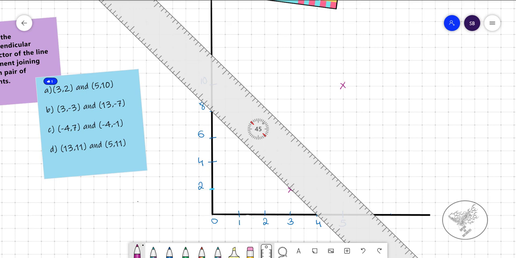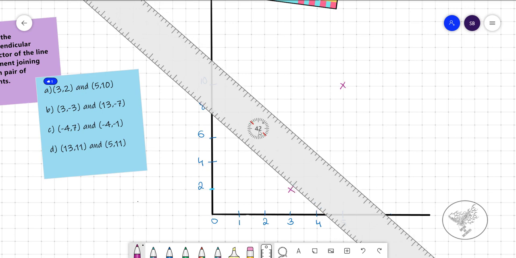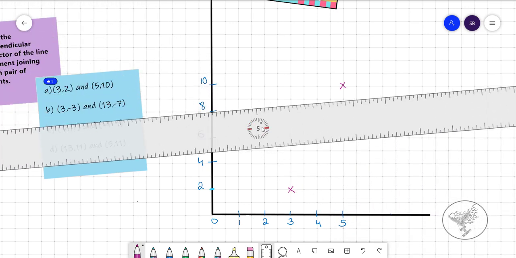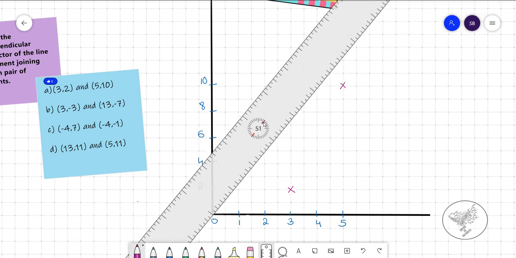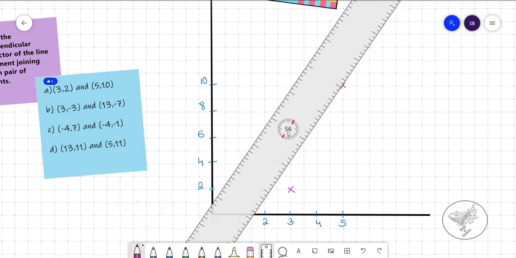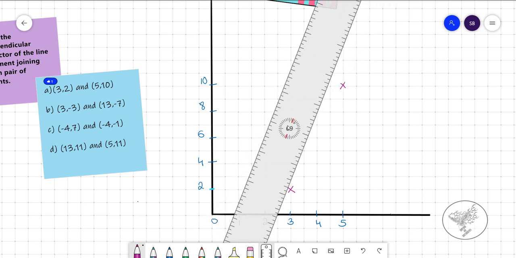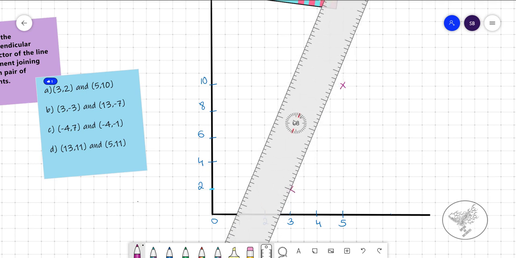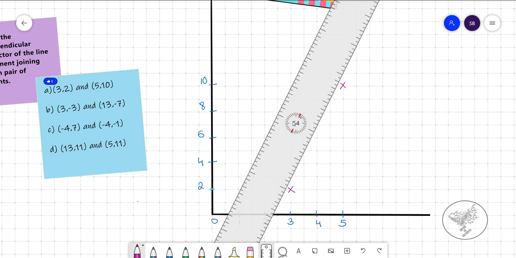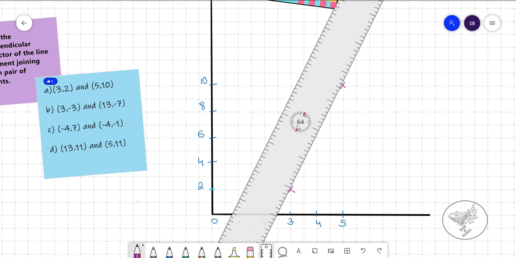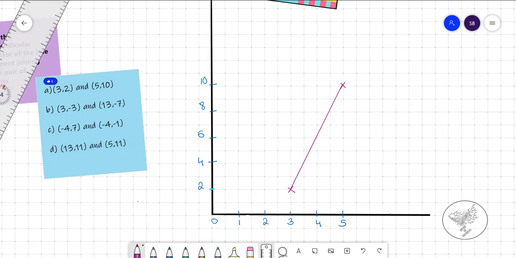Let me draw a line connecting the two points. So this is the line that connects the 2 points, 3, 2 and 5, 10.